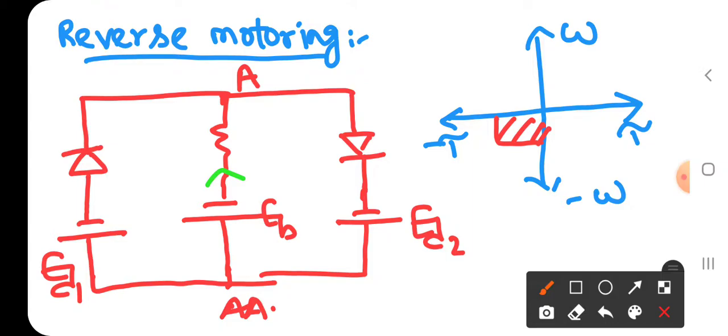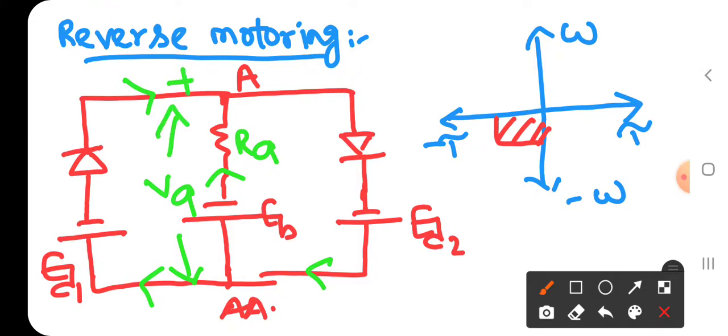This current is supplied by the second converter, that is the negative converter only. So here it is VA, which is positive, negative.